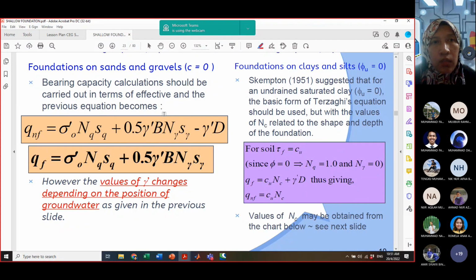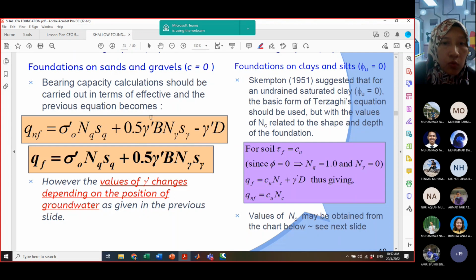The easiest way is that kalau coarse soil ni, kita akan kata C dia kosong. Tapi dia punya phi, internal friction angle, tak mungkin sama dengan kosong. So the bearing capacity calculation should be carried out in terms of effective, and the previous equation becomes, so you akan nampak lah, tadi kita calculate dia sebagai total. Right now dia dah jadi effective.